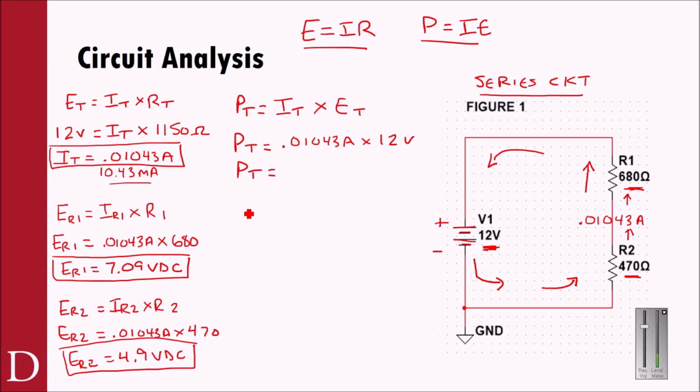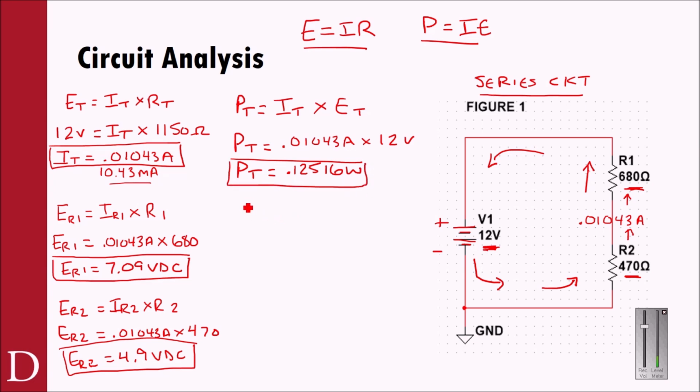And if I do that, I get 0.01043 times 12. I get 0.125, and I'll take it out a couple of decimal places. 0.1252 watts. Okay, that's the total power consumed by the circuit.